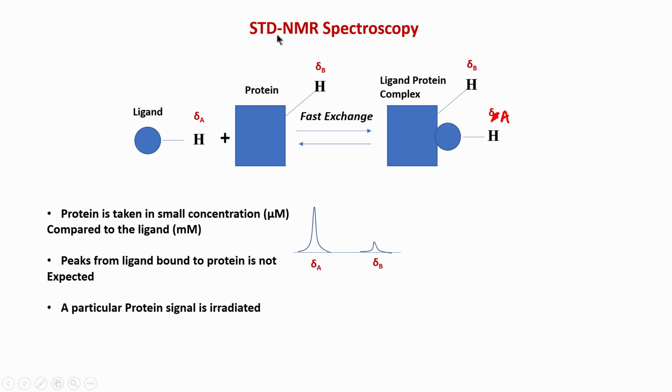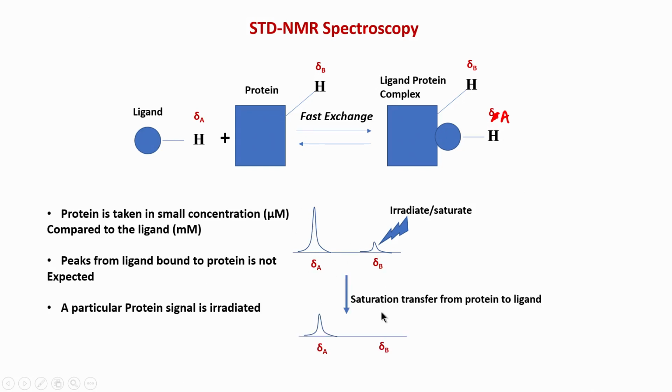Now, the difference is there in this name, and we will understand that now. So, this is what is shown here. You irradiate the signal of the protein, and that now helps in transmitting the irradiation to this signal of the ligand. So, what will happen is that this saturation transfer from the protein will take place to the ligand, and that will result in the ligand signal now getting slightly reduced, not fully gone, because this is a very high population.